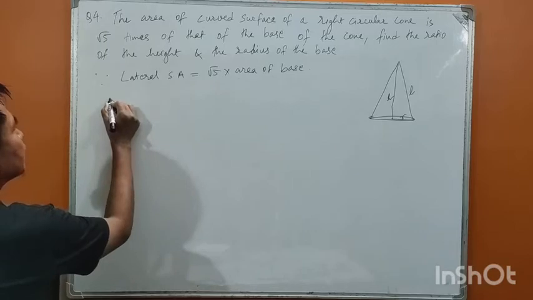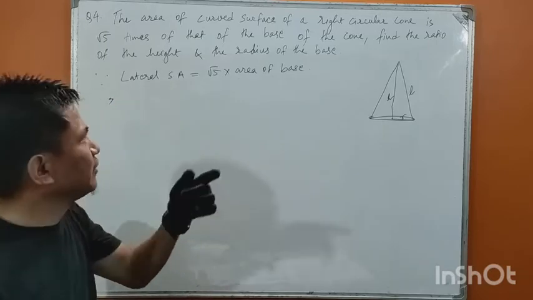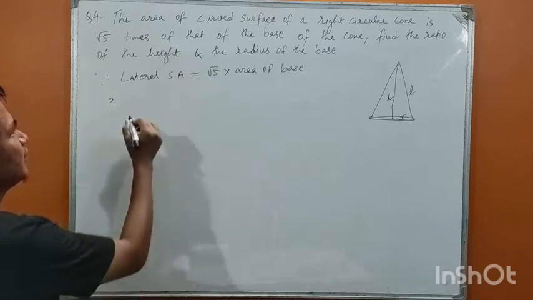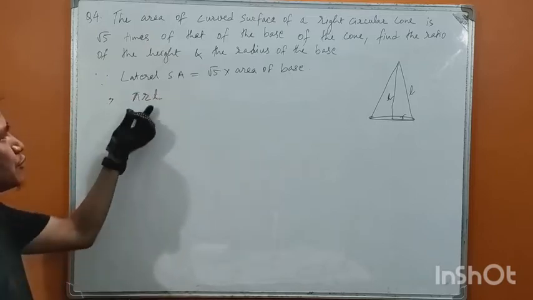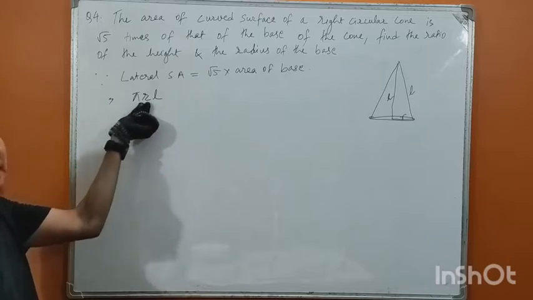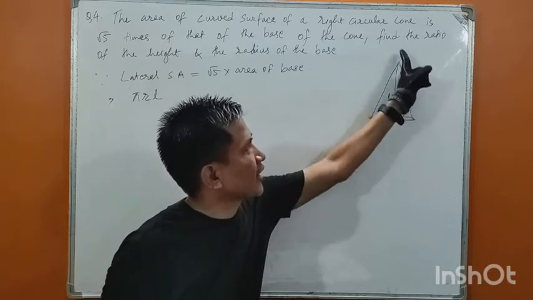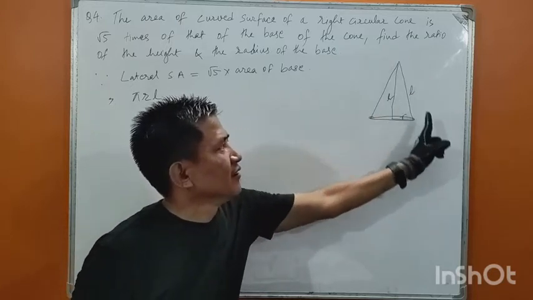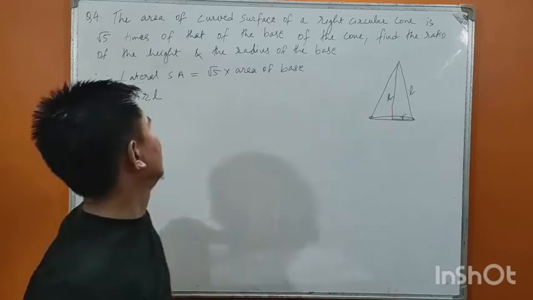Now what is the formula for the lateral surface area of a cone? I hope you know this very well. Lateral surface area is pi r l, isn't it? Here r is the radius of the base of the cone and l is the slant height. This slant height is l, not the height. Height is h, slant height is l.